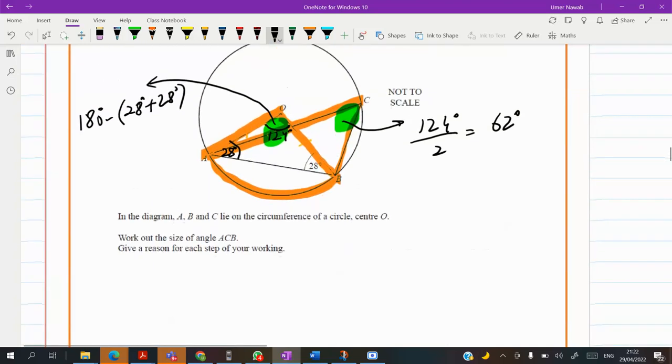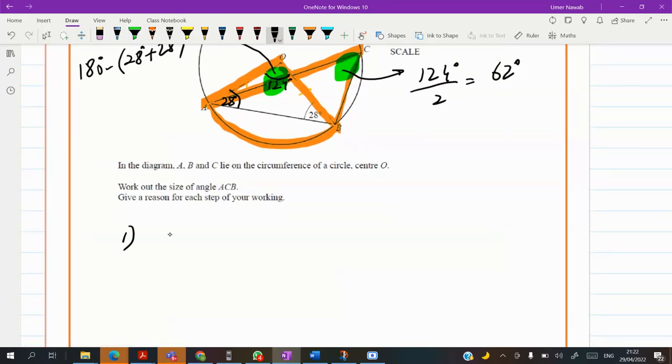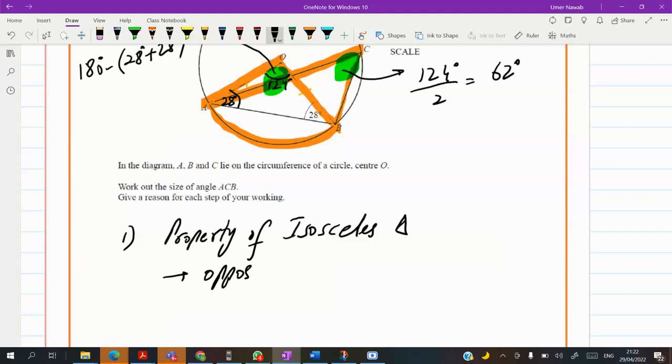So please name the properties which you have used. I used the property of isosceles triangles. What was the property I used? Opposite angles are same.